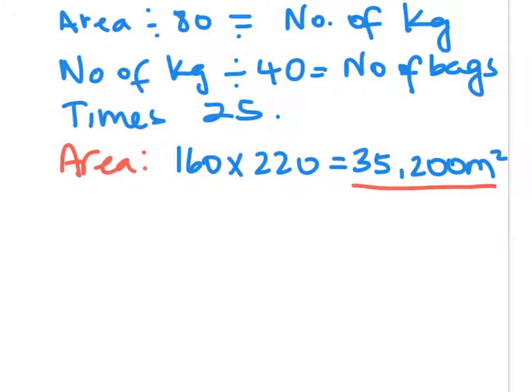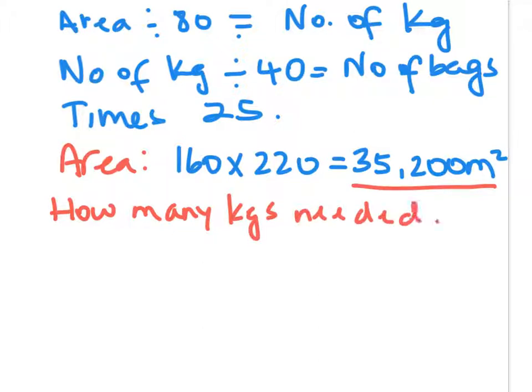So what we do now is find out how many kgs are needed. So we're going to do 35,200 divided by 80. And the reason we're doing that is because 1 kilogram covers 80 meters squared.